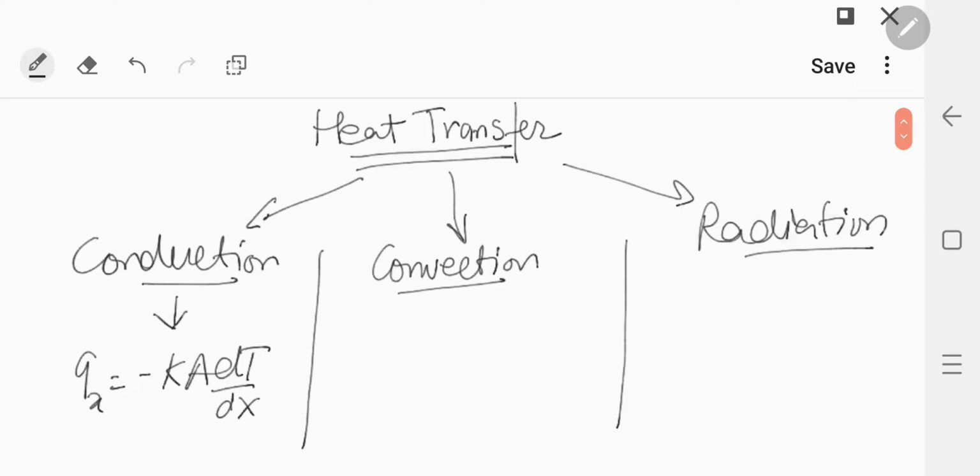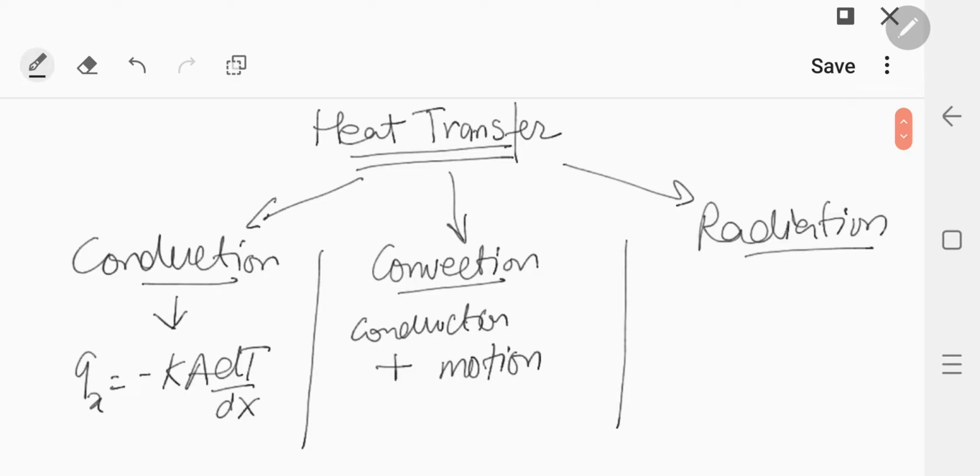Then what is convection? Convection consists of two mechanisms. One is the conduction occurring, plus the second mechanism along with the conduction is the motion of the particles, the motion of the fluid.